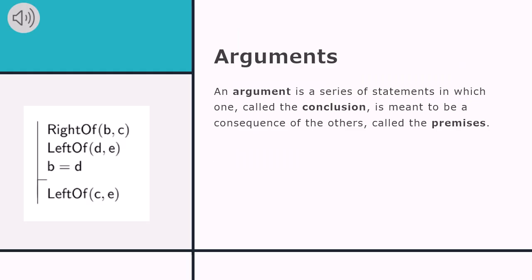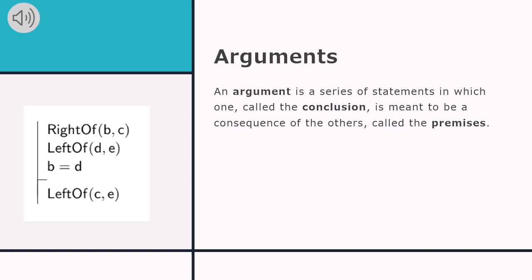On this slide, we'd like to introduce the definition of what we mean by an argument. At the most fundamental level, an argument is just a series of statements, and those statements can be sentences in a first-order language, or maybe just sentences in English or some other language.